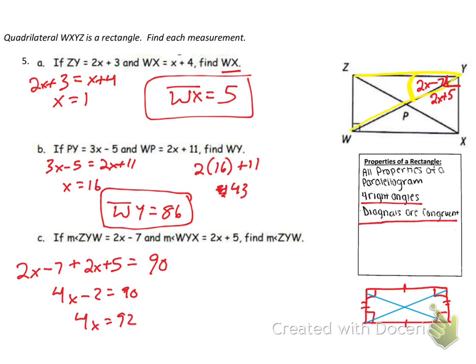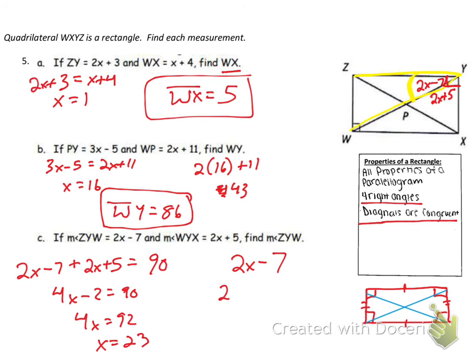92 divided by 4 is going to be equal to 23. So x is 23. So if it says find measure ZYW, I would just plug it into 2x minus 7.